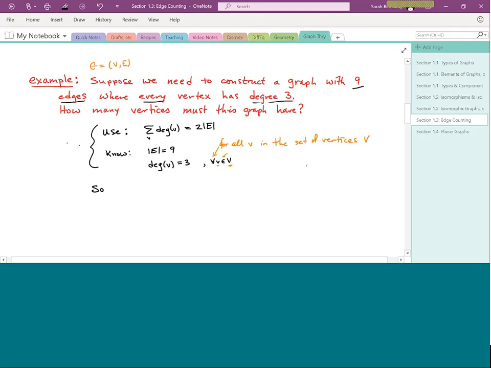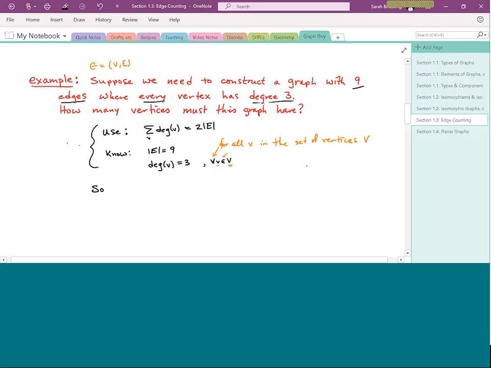So that capital V is talking about the set of vertices. So this literally says, I need degree 3 for all of the vertices that we have. That's just shorthand notation for doing that. Actually, it's very formal math/logic notation for it. But if you don't know what it means, it just looks like gobbledygook.